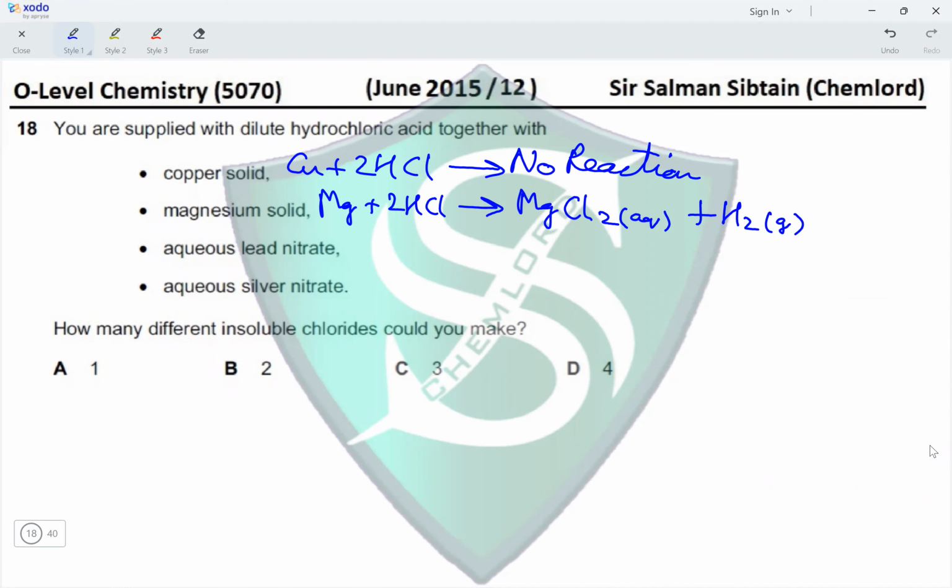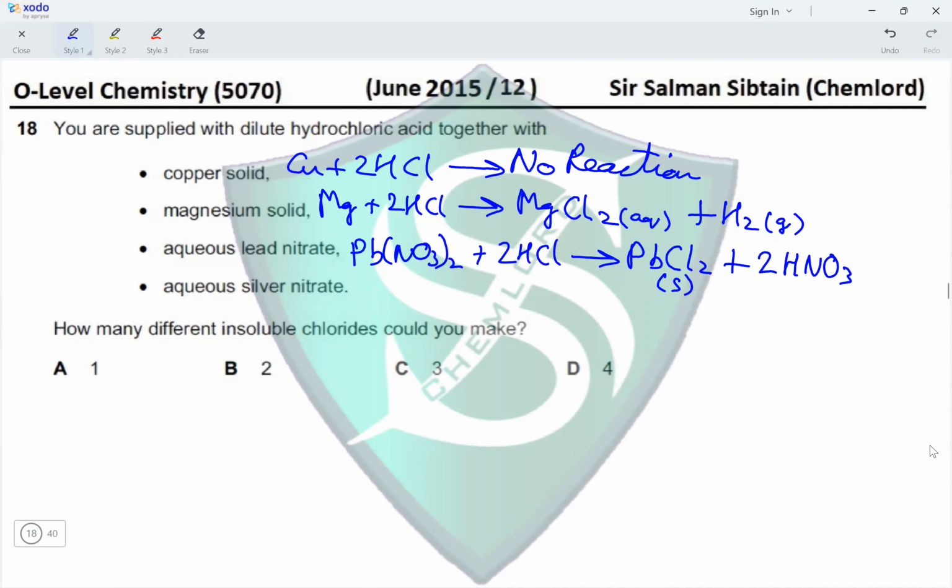Next, we have aqueous lead nitrate. Lead nitrate is Pb(NO3)2. When this reacts with HCl, this would produce lead chloride, PbCl2, which is an insoluble chloride, and it would produce 2 moles of HNO3. So this is one insoluble chloride that has been produced. In the next reagent, we've got silver nitrate, AgNO3.